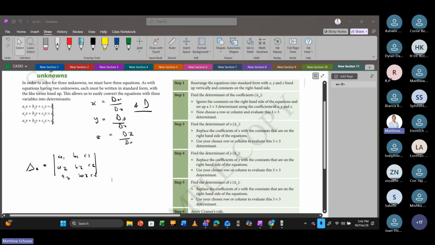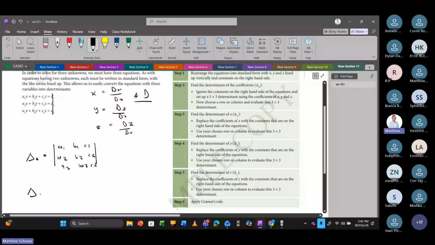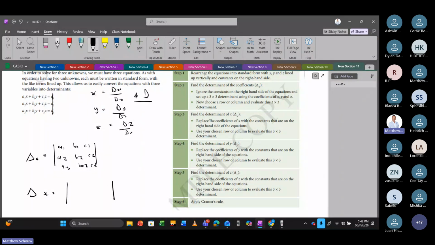Okay, that's my first one. So let's go to delta 1, or delta x. Whatever you want to call it. To find that, all we have to do is replace the coefficients of x with the constants on the right-hand side of the equation.